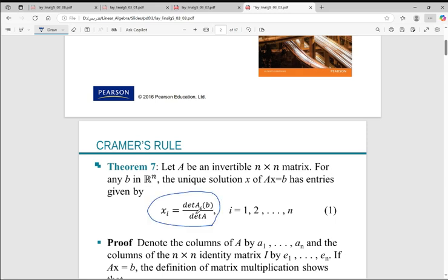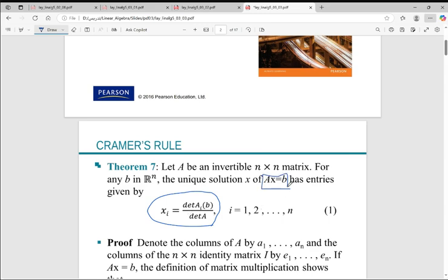Doctor, what does this xi represent? xi is the entry i in vector x, and vector x is our solution for this system of linear equations.